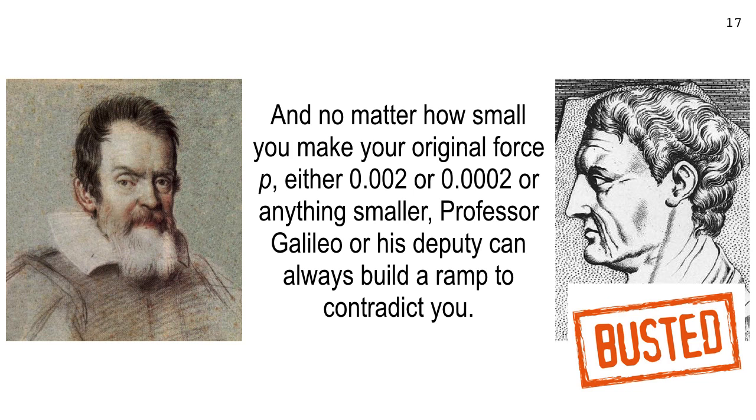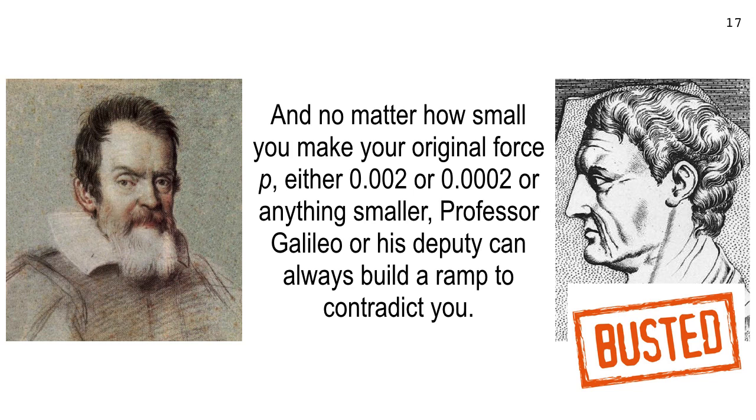So, in other words, the proof is complete. He proved that Aristotle's idea that there has to be a push force even on a frictionless horizontal plane is wrong. And that therefore, on a frictionless horizontal plane, an object is indifferent to the state of motion.